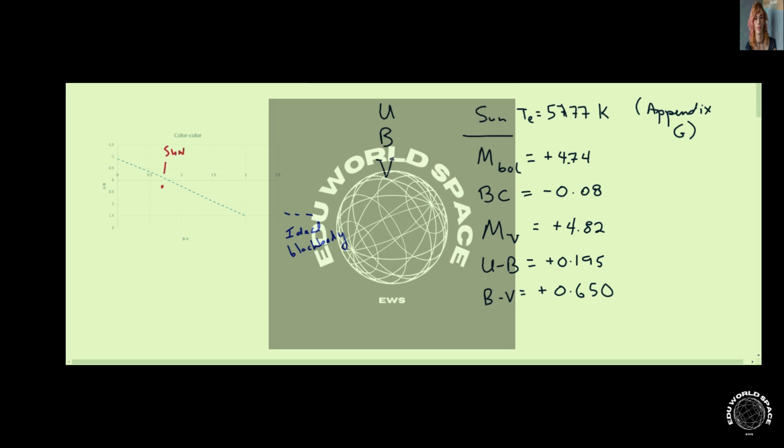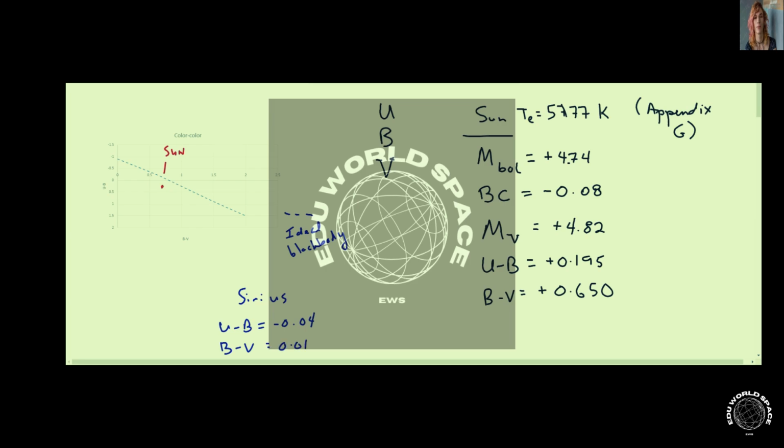And we're going to compare it to the very bright star Sirius, which has a U minus B of minus 0.04 and a B minus V equal to 0.01.